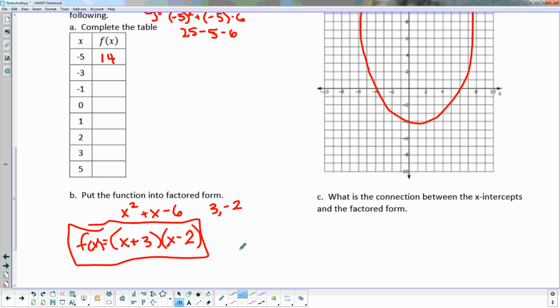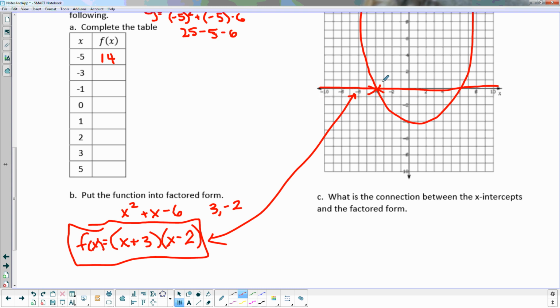But part C says, based on the graph and what you got here, what is the connection between the x-intercepts, or where it crosses this x-axis? What is the connection between that and this form? How does this tell us anything about where our graph crosses this x-axis?